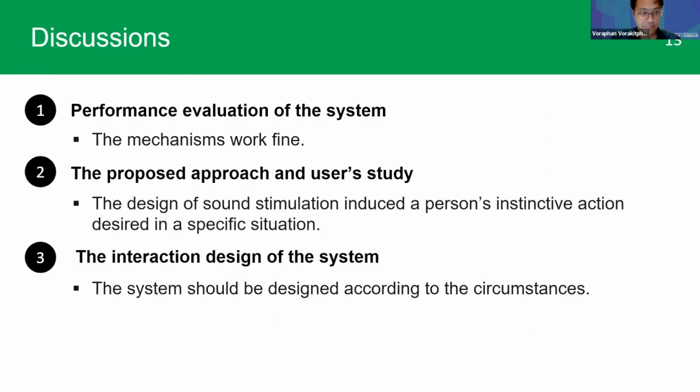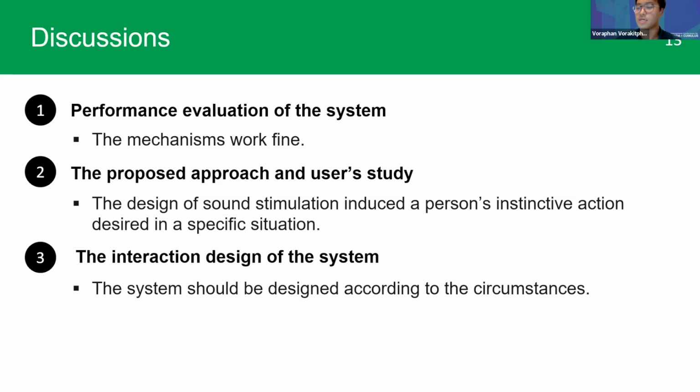So here for the discussion, the performance evaluation shows that the mechanism works fine as it can produce the rhythmic sound and the sequences of the sound. And for the second prototype, the proposed approach and the user study, the results indicate the proposed directional 3D effects can prompt a person to observe their surrounding context.